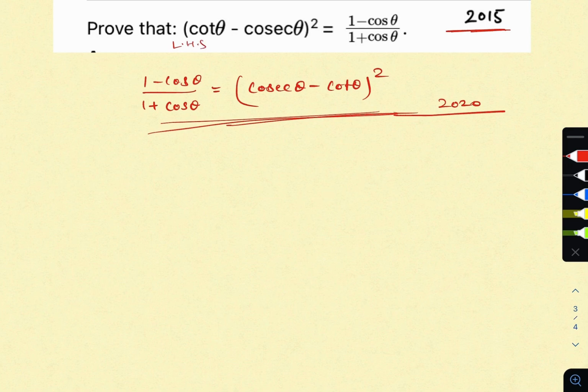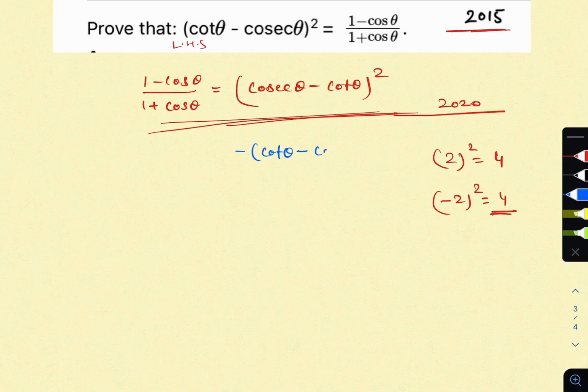And if you are getting confused that here it is cosecant theta at the start and then cot theta at the end, what you can do is this: 2 square is how much? 4. Minus 2 square is also 4. So in the right hand side, if I take the minus common, what it will be?